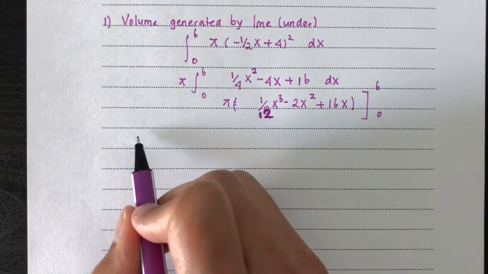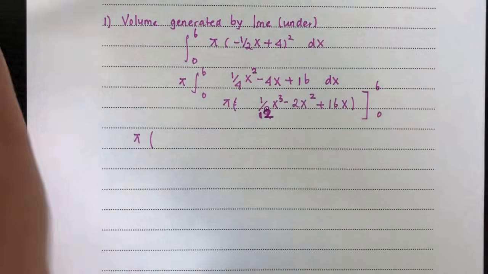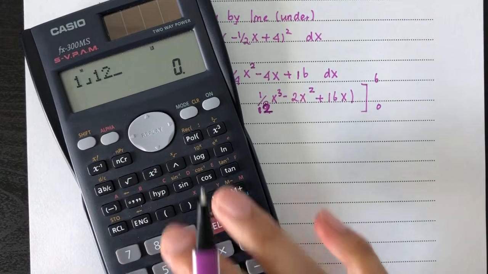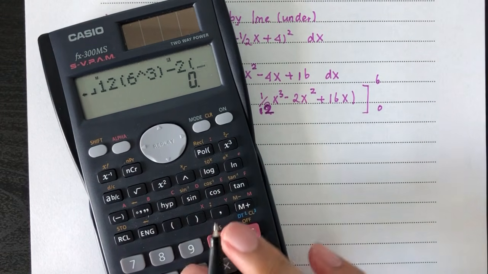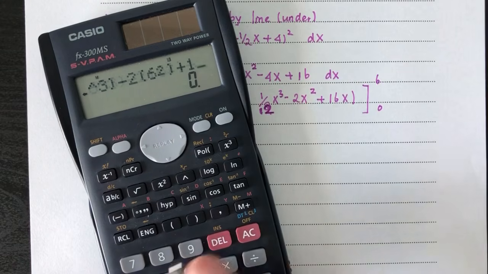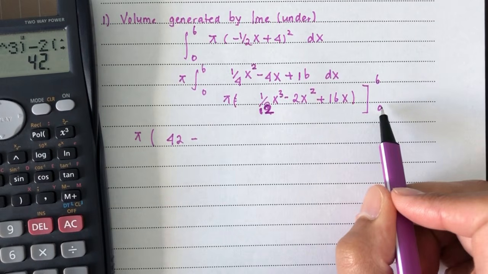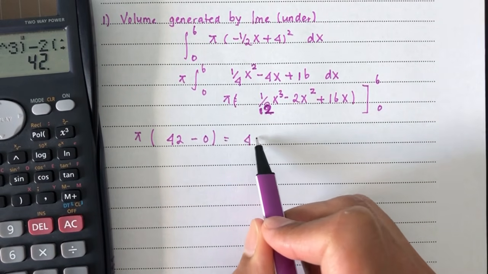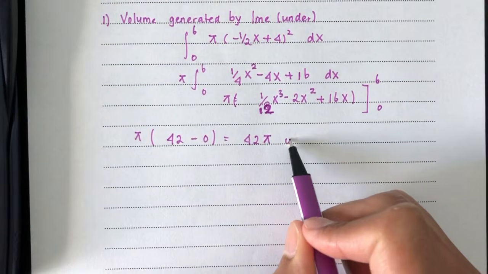A mistake right here: this will be x squared, and that becomes x cubed, so this becomes 1 over 12. So let's solve. This part becomes 1 over 12 times 6 cubed, minus 2 times 6 squared, plus 16 times 6. That becomes 42. Minus, if you replace 0, everything becomes 0. So the volume under the line will be 42 pi units cubed.